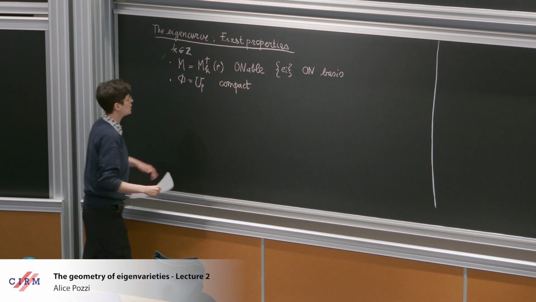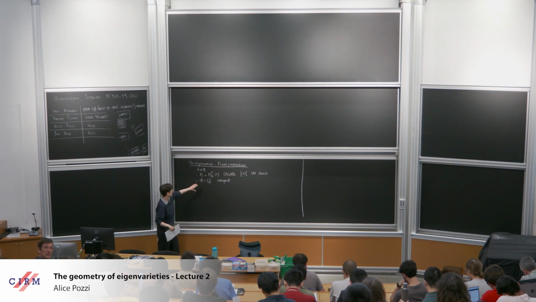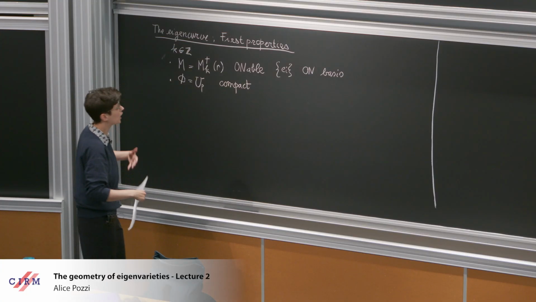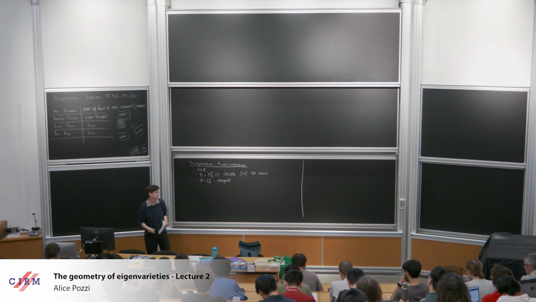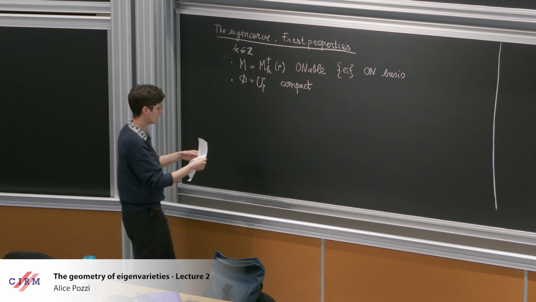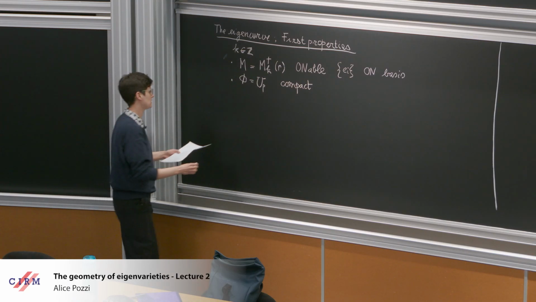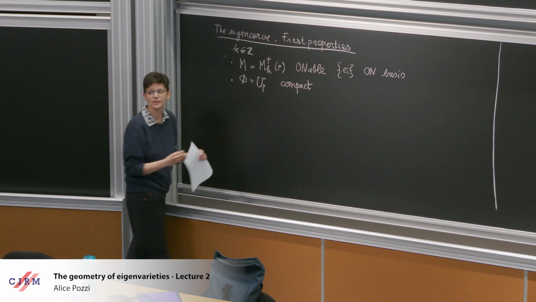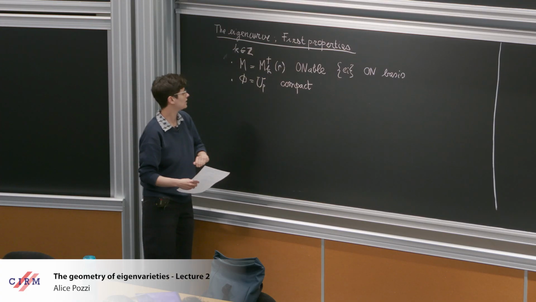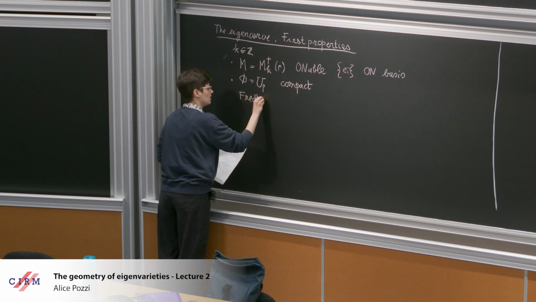Great. So remember that by compact operator, we mean that I can see this operator as a limit of finite rank operators inside the space of homomorphisms from M to itself. What we can attach to this is something called the Fredholm series. This generalizes the notion of characteristic polynomial in this setup. So what is the Fredholm series?